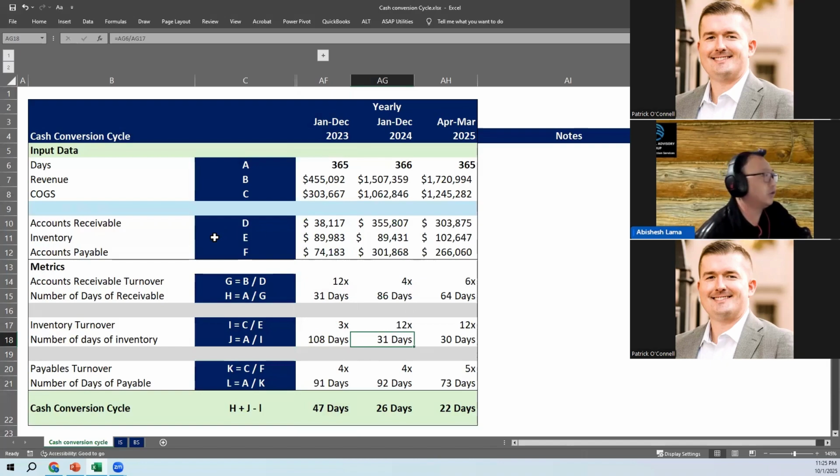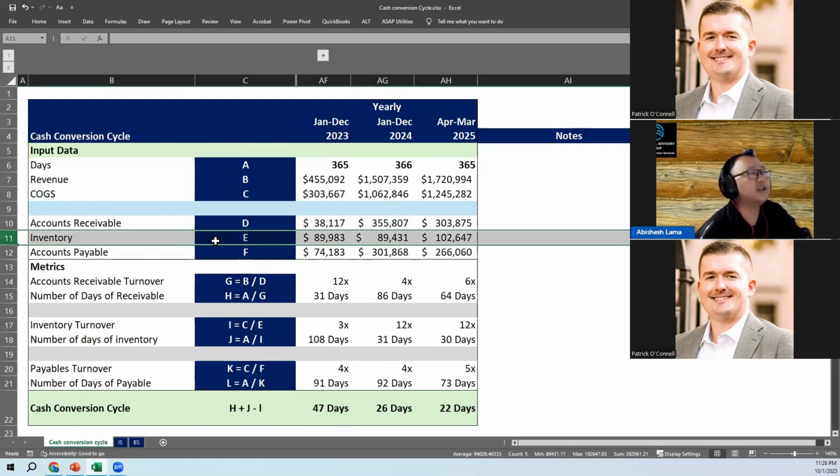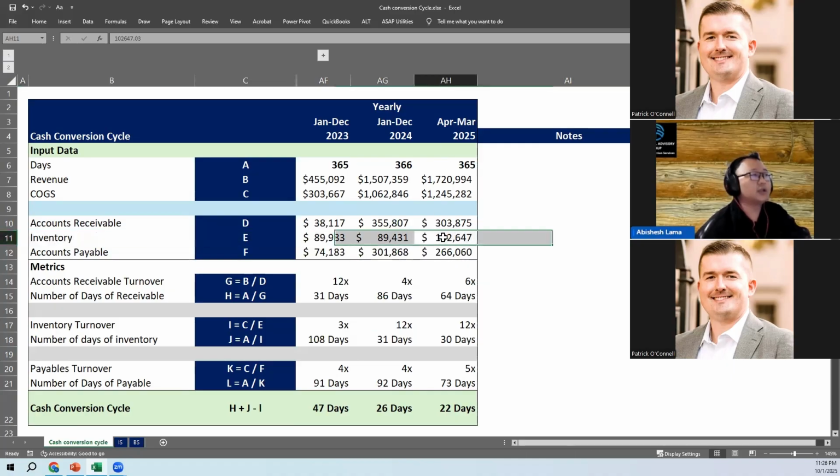Also, if you see here, the inventory balances: December 23, 89,000; December 24, 89,000; March 25, 102,000. So although there has been a significant increase in sales, they are not buying more inventory.